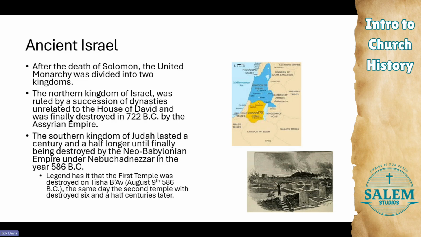And so Tisha B'Av is one of the most important days in the Jewish calendar today, and it is a day of mourning for Jews who weep over the destruction of the temples. And this little inlet down here in the bottom right is an artistic rendering of the destruction of the first temple by the Babylonians.